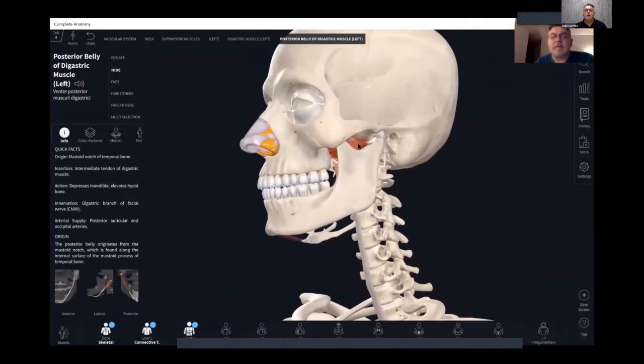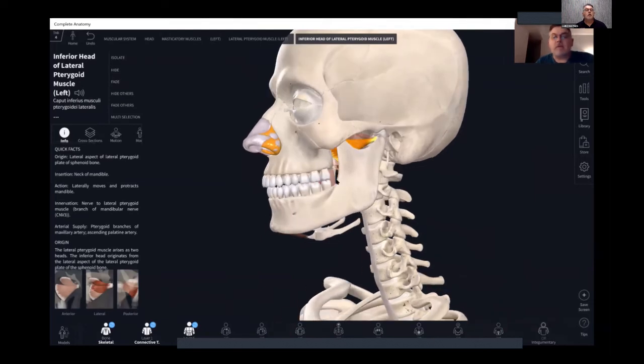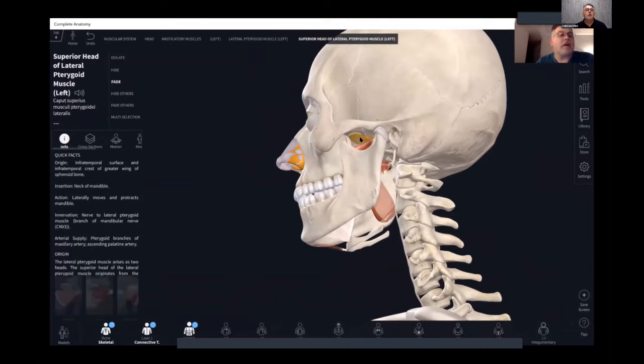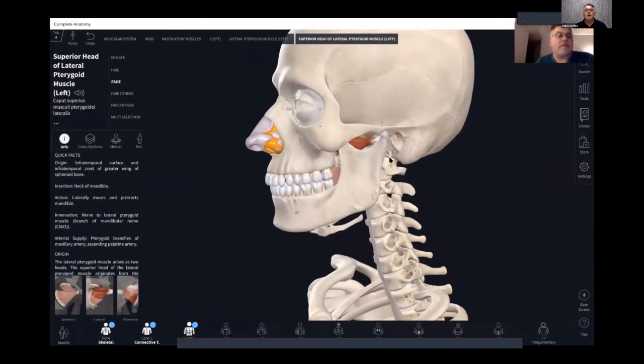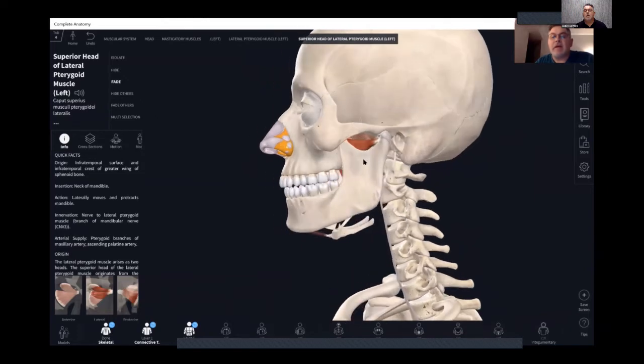So we'll look a little bit further. Let's look at the inferior head, the lateral pterygoid. So we have inferior and the superior head. So this comprises the pterygoid. Though they are, we can needle these structures. Basically, we'll go in through this foramen created by the mandible and the zygomatic arch.